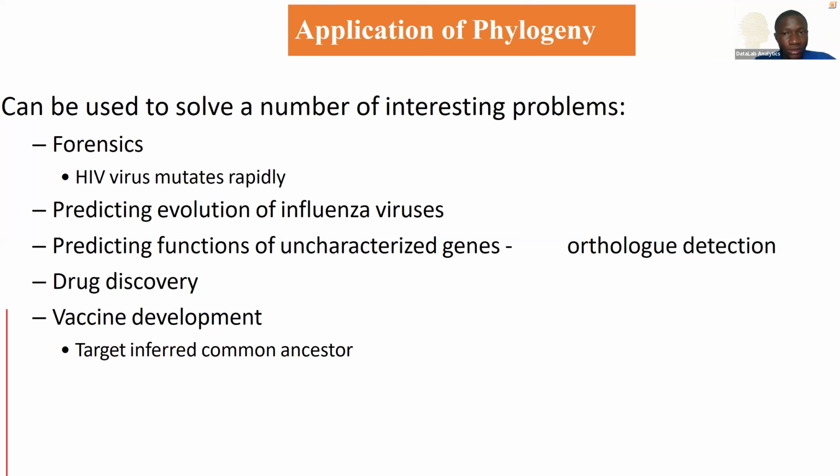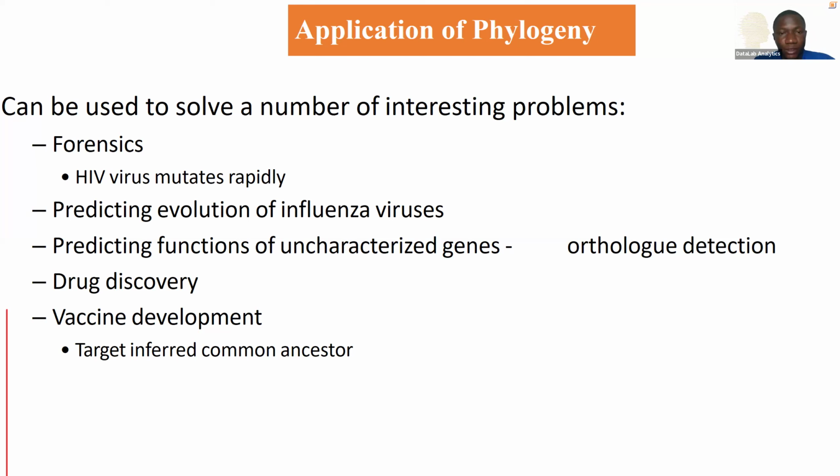Another thing, before moving to the next application of phylogeny: I'm very sure that most of us are pretty conversant with different variants of SARS-CoV-2 causing COVID-19, right?